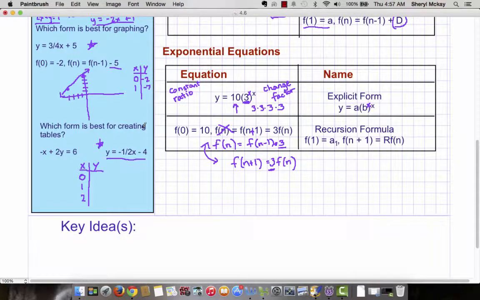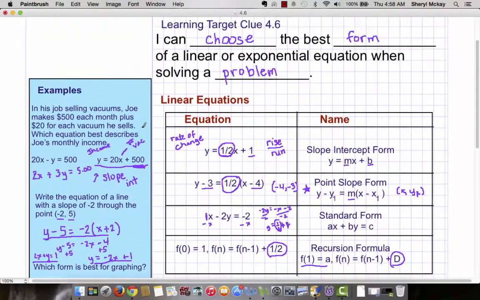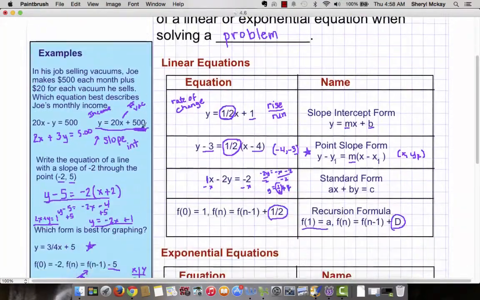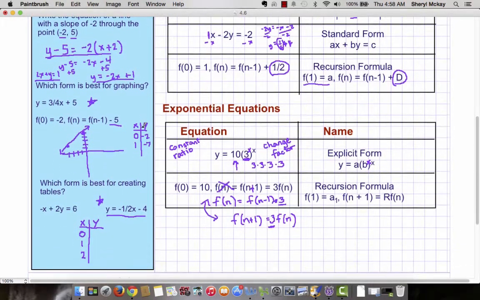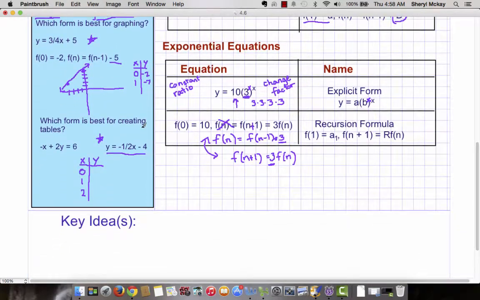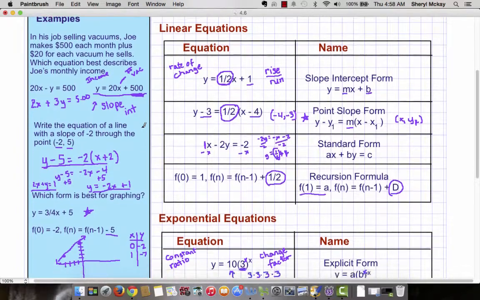So you can see that the different forms have different uses, and this will hopefully help you as you work on your Efficiency Experts report, which is quite long, and you really need to think about, and you're going to be creating a table that gives recommendations on which form works best for which type of problem.